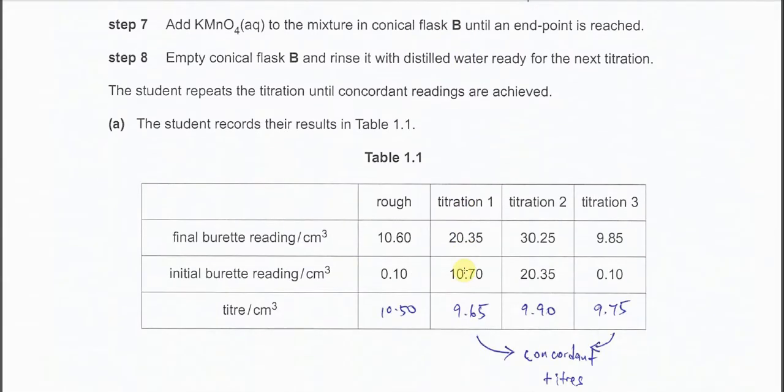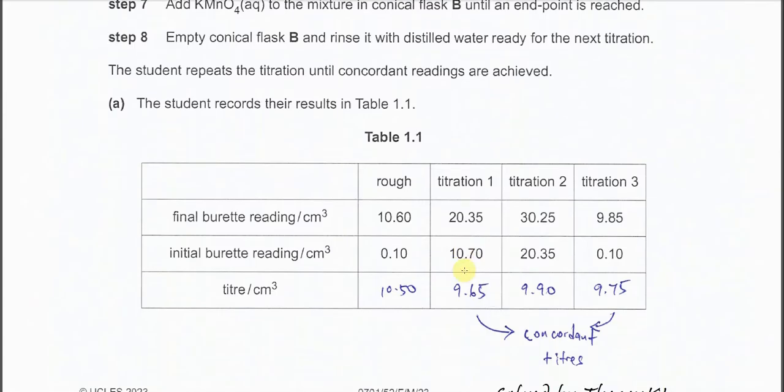For part A, after titration, the student obtained a few titer values: a rough and 3 accurate titrations, and the student repeats the titration until concordant readings are achieved. Concordant means the readings have a difference of 0.1 cm³ or less, then we can stop.